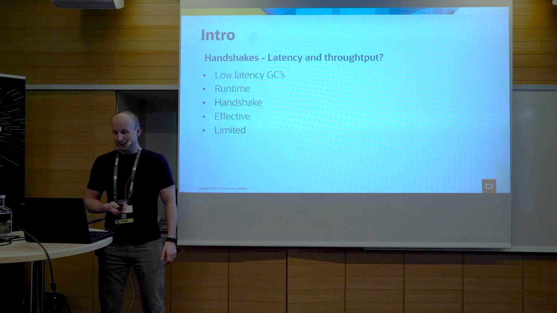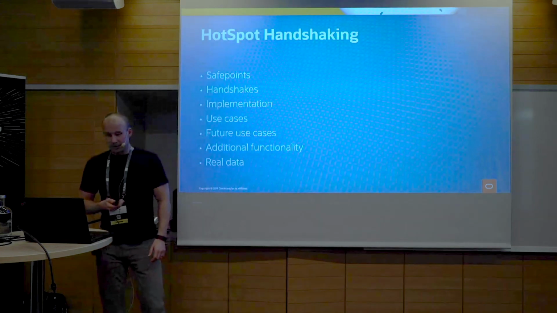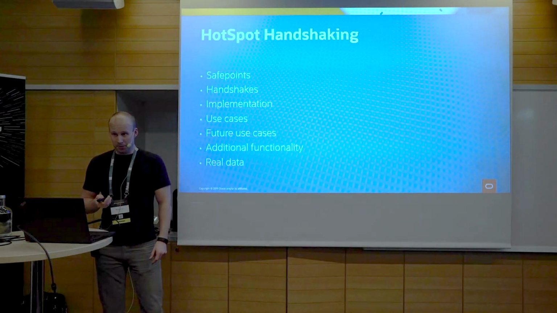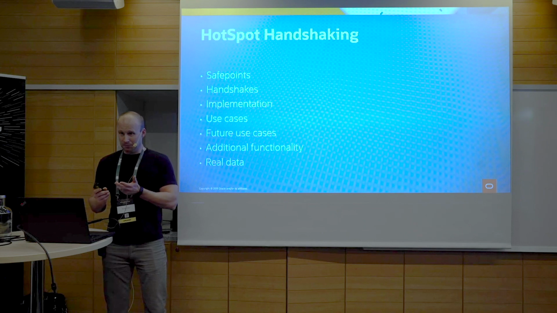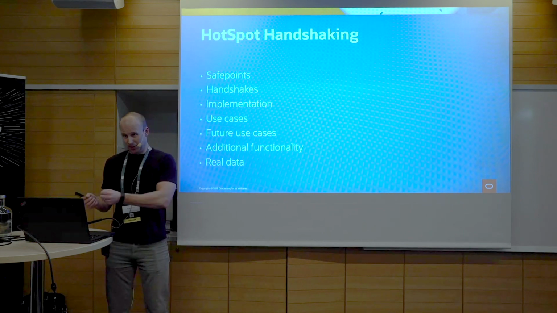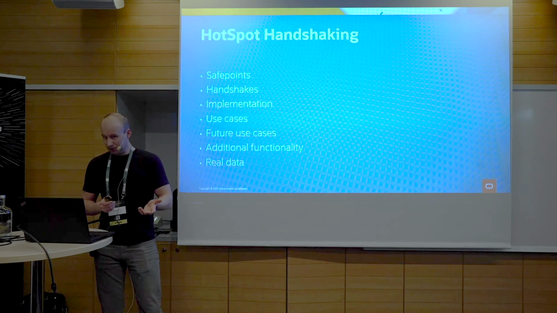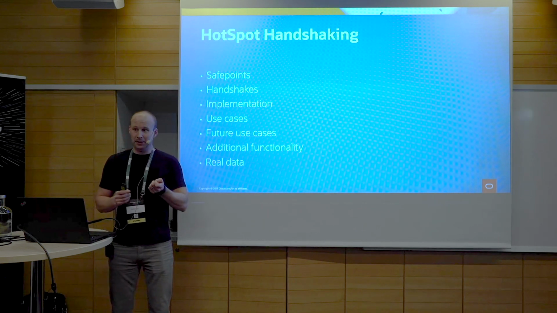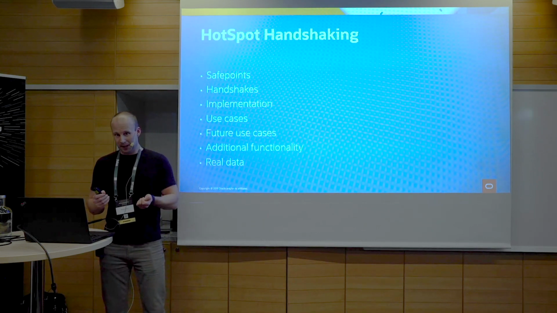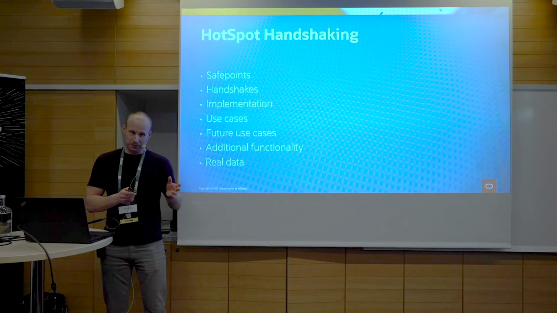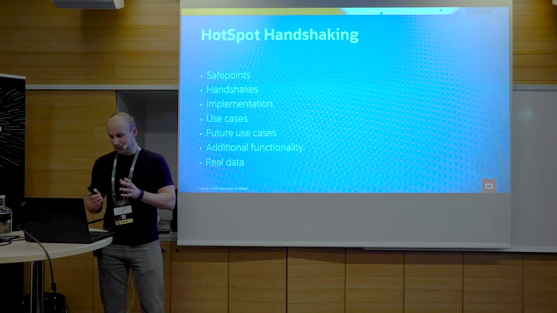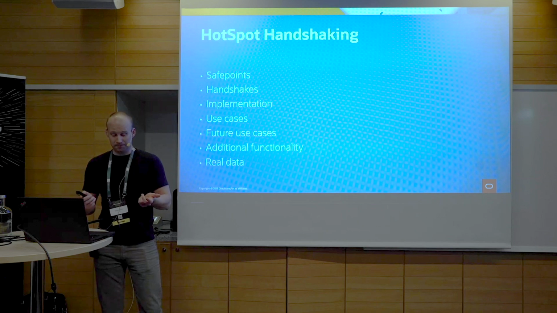So I will first talk about safepoints because it's easier to compare. Since we often use handshakes instead of safepoints, it's easier to understand safepoints, and also since we had to do a new polling mechanism instead of using the old safepoint mechanism, it's good to start with safepoints.